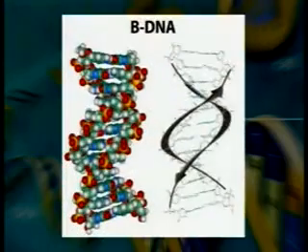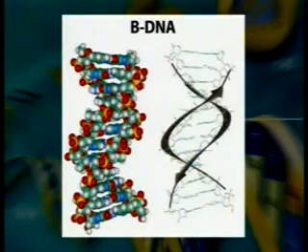Dear students, deoxyribonucleic acid is a remarkably flexible molecule. Considerable rotation is possible around a number of bonds in the sugar phosphate backbone. DNA can assume different conformations under different physical conditions. The Watson-Crick structure is also referred to as B-form DNA.